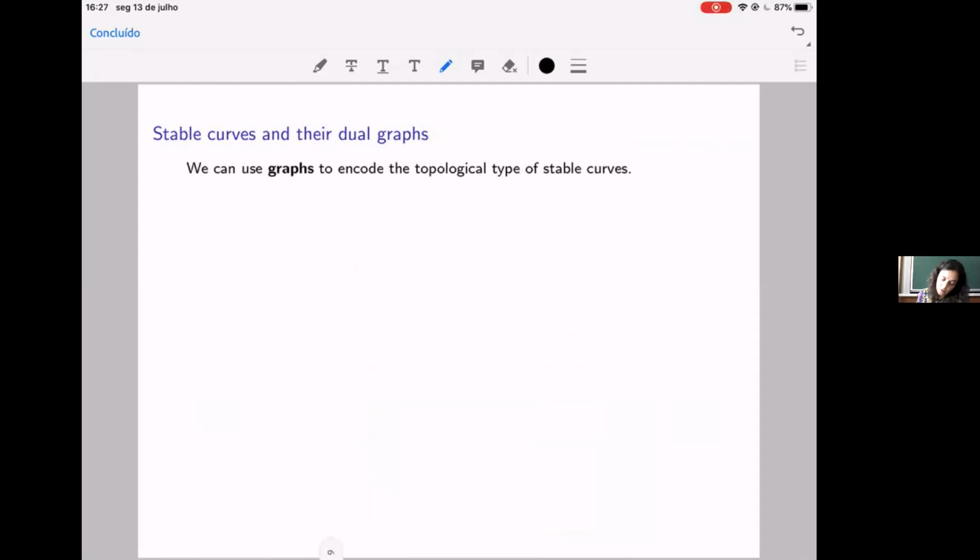So now let's use graphs to encode the topological type of stable curves. Actually, we can use graphs to encode the topological type of any nodal curve. But our interest here is parameterizing stable curves, and then we see how we can see the stability from a graphical point of view. So we will just do the usual thing. We take irreducible components of the curve, and these will correspond to vertices in the dual graph.